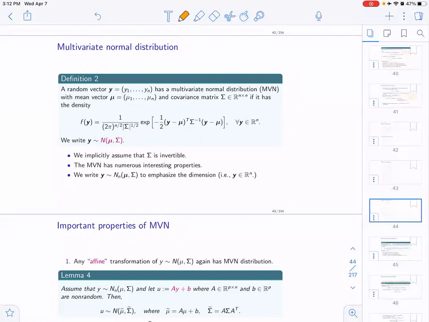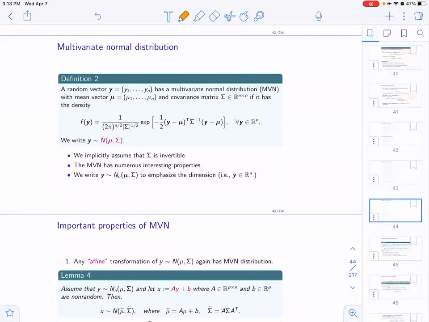Even if you didn't get this far, does anyone know what a multivariate normal distribution is? Have you seen it in previous courses? Yes, I kind of remember. So what do you remember?